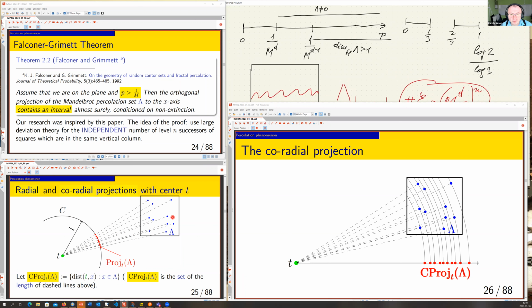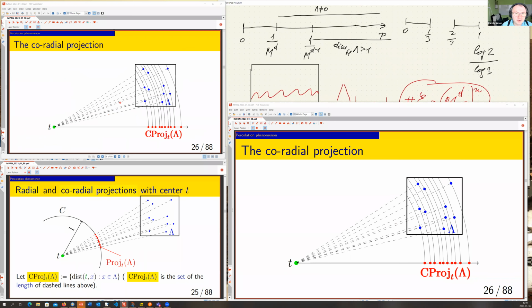The radial projection is when we project on the unit circle centered at the center T, and the co-radial projection is just the collection of distances of the set from this center. So this is the radial and co-radial projection.